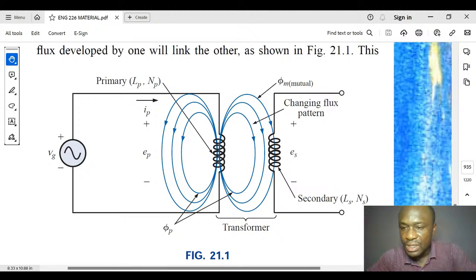Okay, can you see the screen now? You people are not replying. Can you see the screen now?